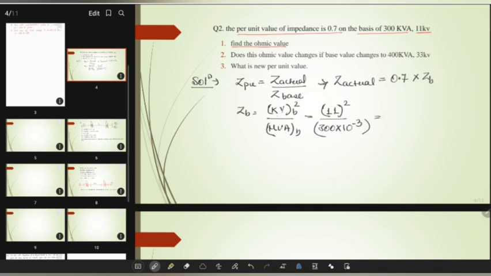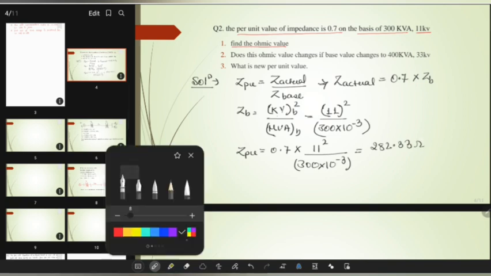Now if you calculate this, I simply multiply this by the per unit value. So it will be 0.7 into 11 square divided by 300 into 10 to power minus 3. This will give you 282.33 ohm.